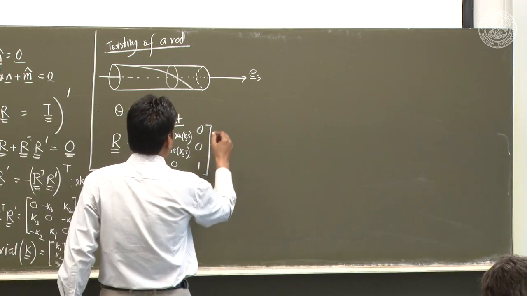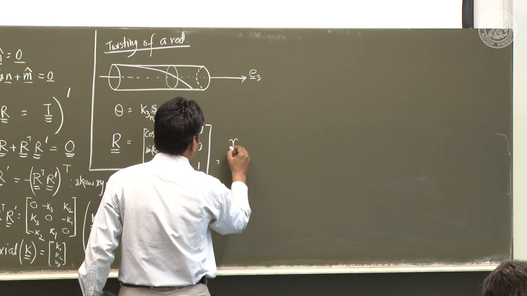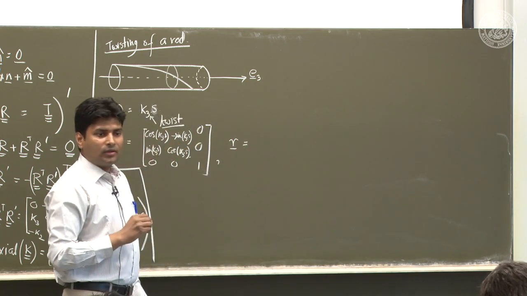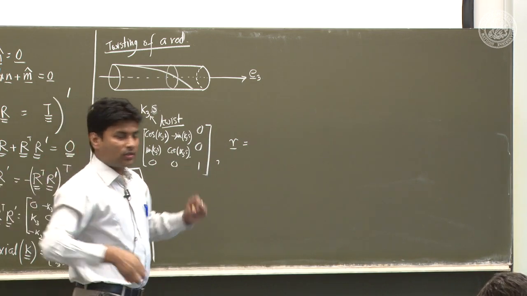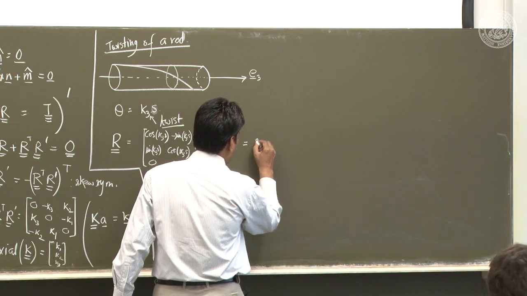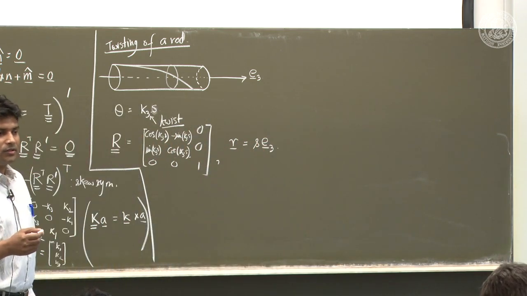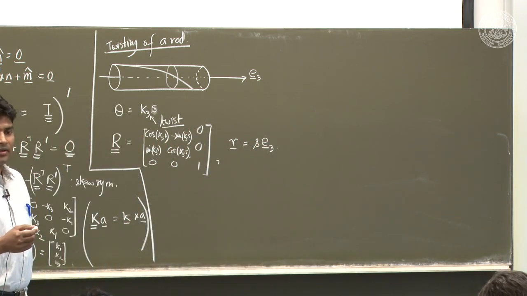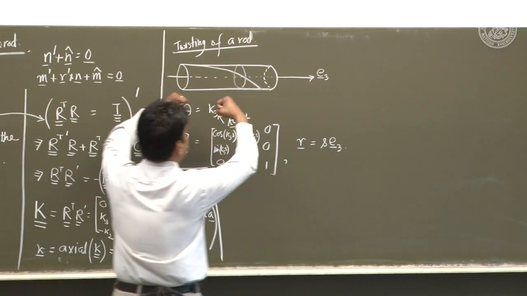And then if you talk about your little r, what's your little r? If there is no stretching, if you are just twisting, then little r is simply capital S times E3, it's simply S times whatever it was earlier, because I'm not stretching it.